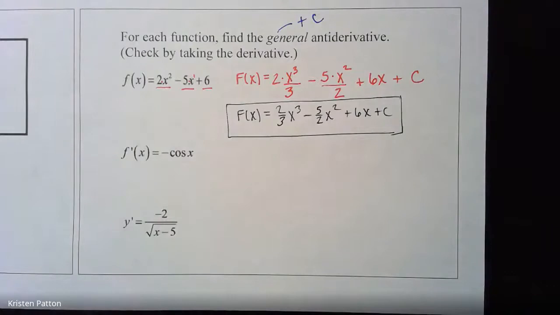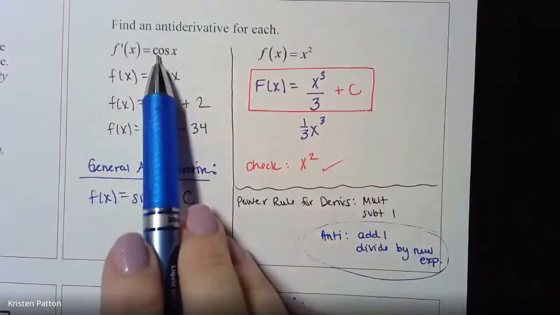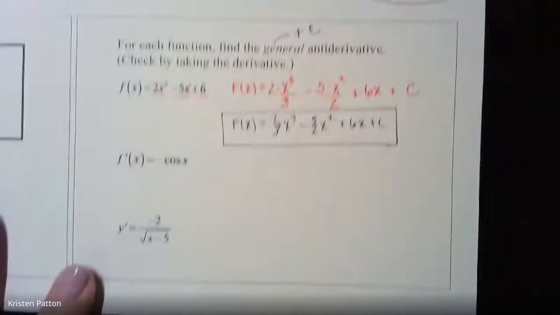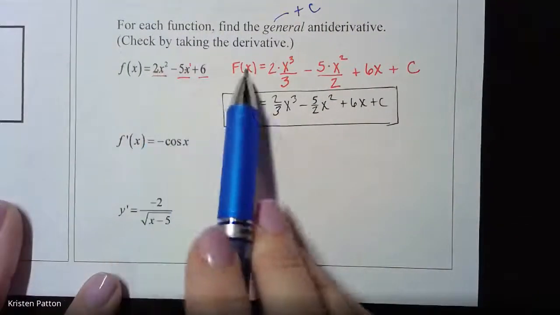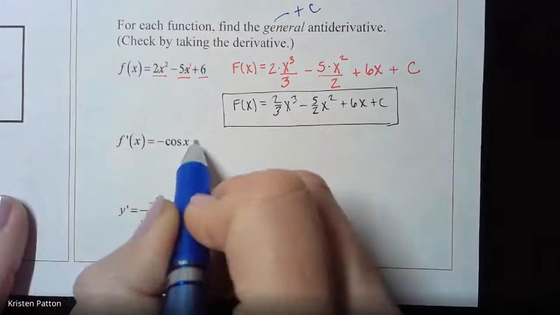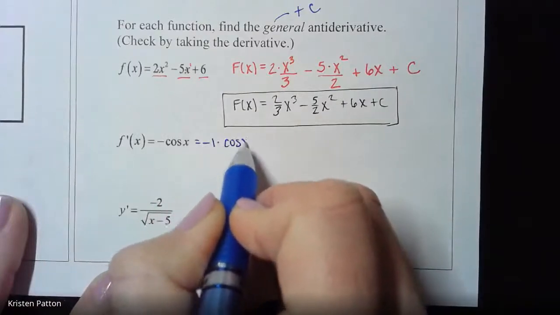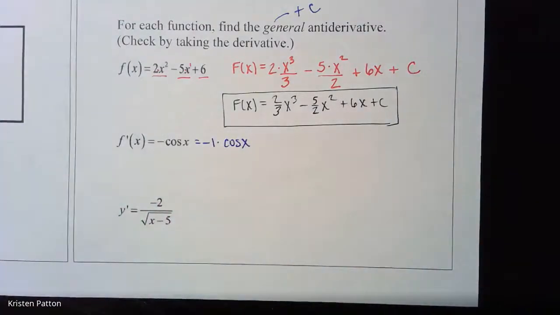All right. Let's go to the next one. We have f prime of x equals negative cosine of x. This is very similar to the one we did up here, right? This was just cosine x. Well, hey, now that we've talked about that constant multiple rule, maybe we think of this as -1 times cosine x.